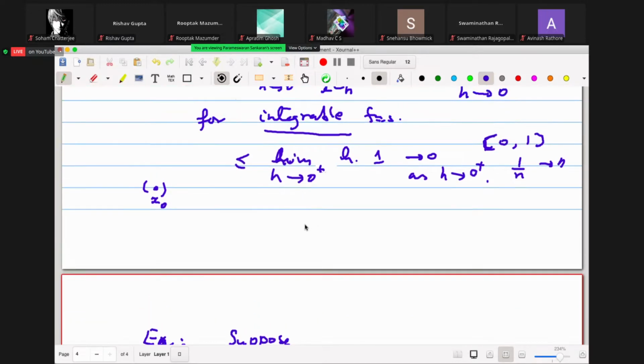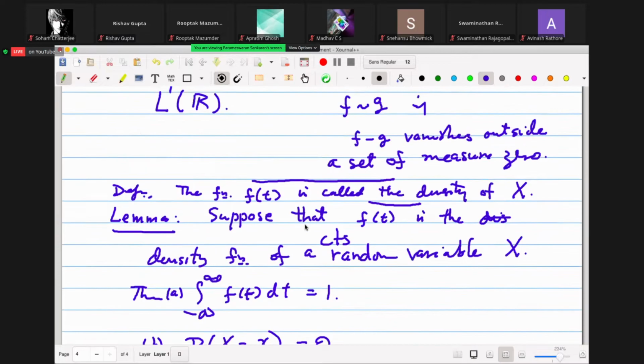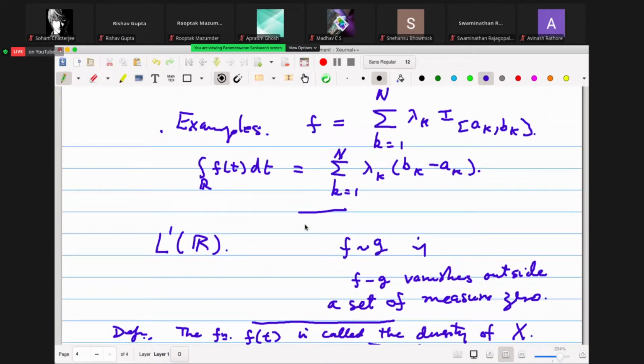I didn't tell you what a measure zero set is, but what is the measure of an interval? The measure of an interval a to b is b minus a. When you do these various processes, for example, the rational numbers turn out to have measure zero, and maybe some uncountable sets also.